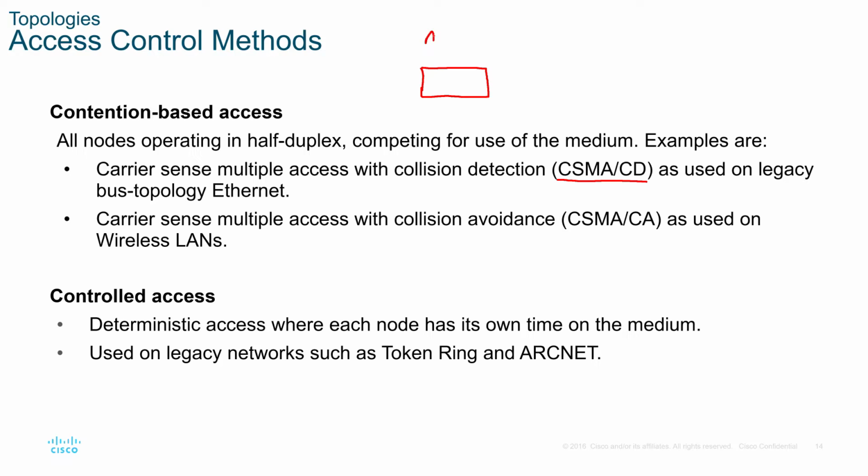So if I had multiple computers connected into a device, and currently I was having a communication between A and C, but B would like to also communicate with C. First, B would have to wait until the carrier was free, carrier sense.